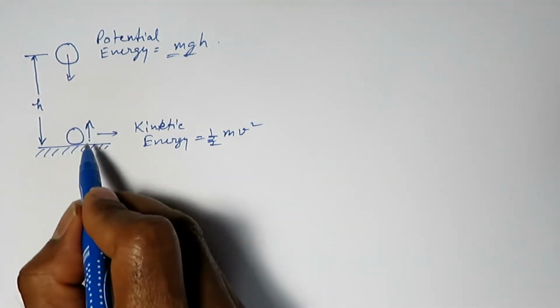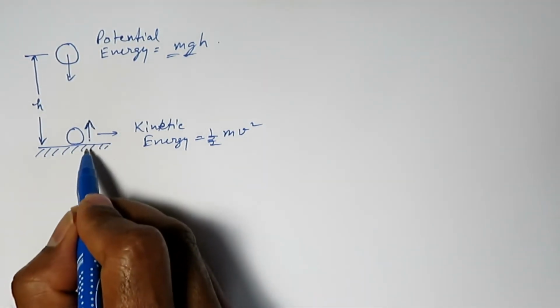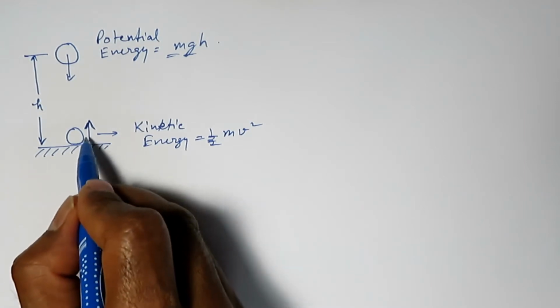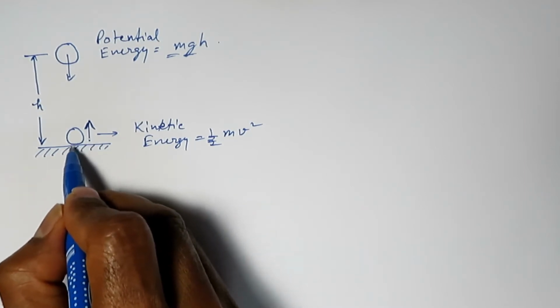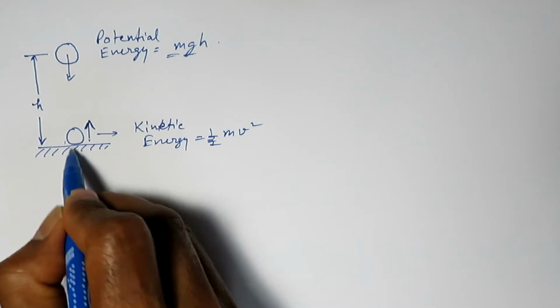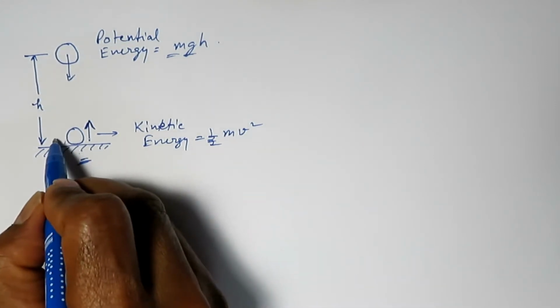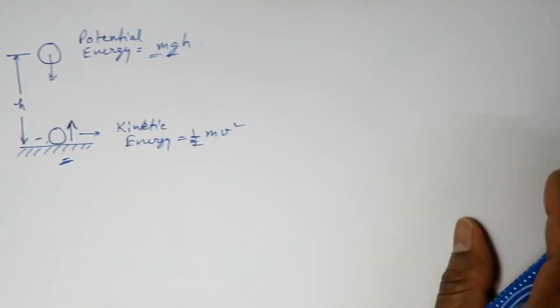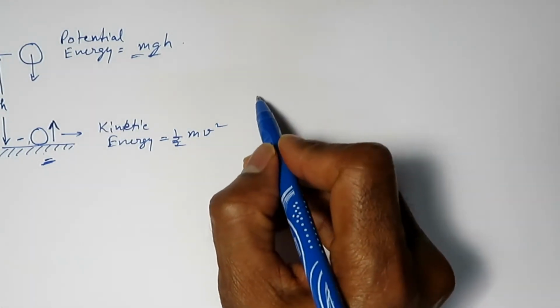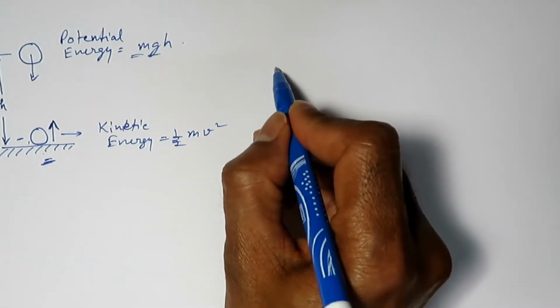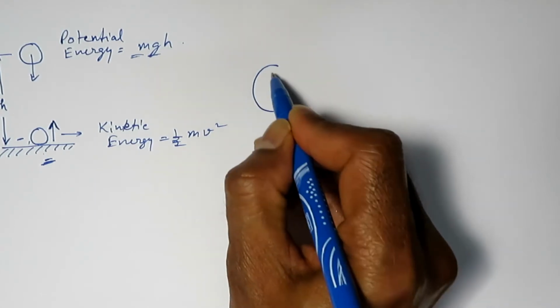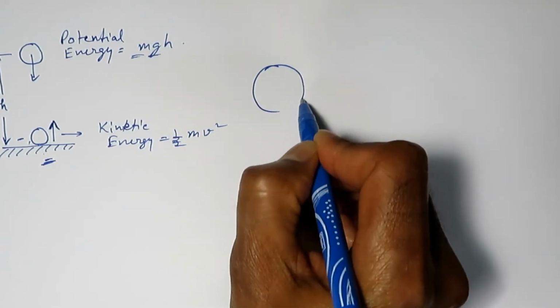Now this ball will rebound or bounce back after hitting the flat hard surface. Rebound will depend upon the properties of the materials of the ball and the surface. Let us draw the ball in bigger size.